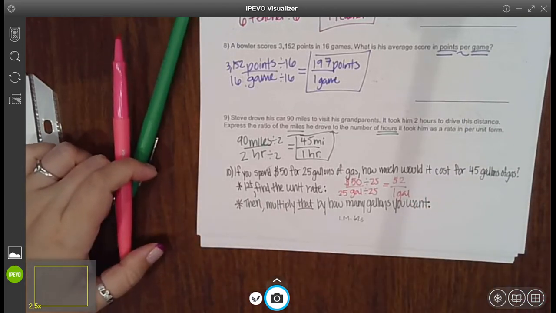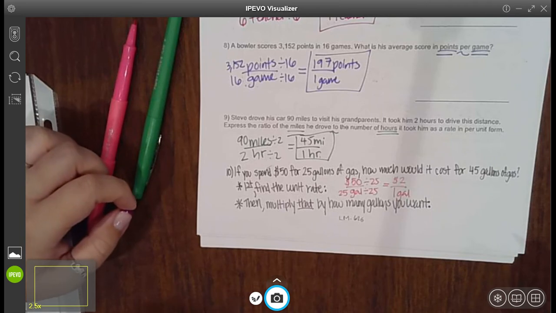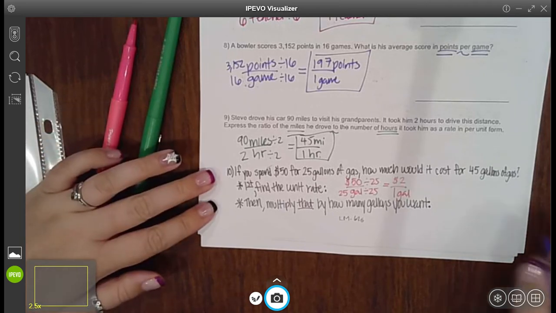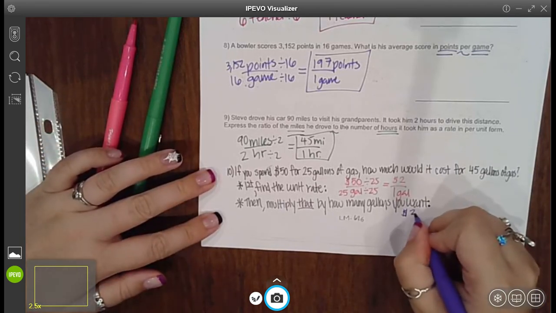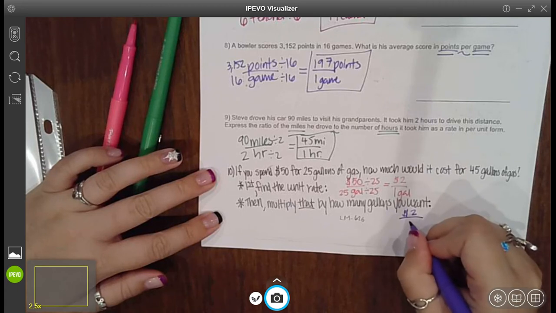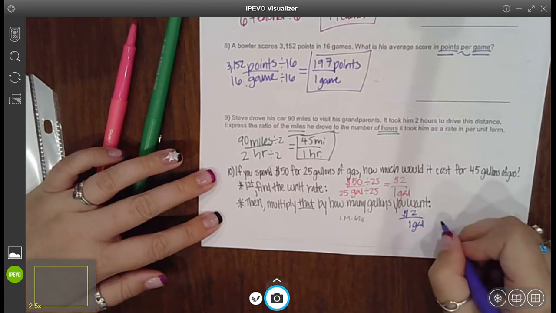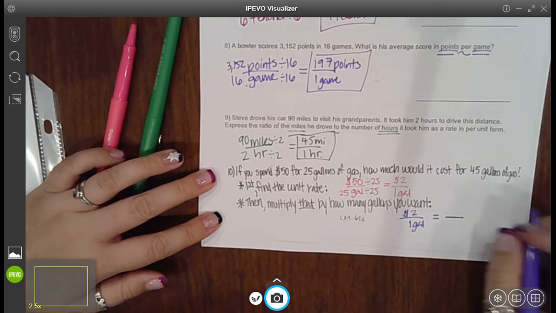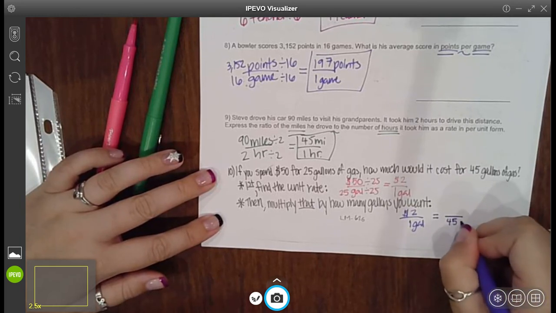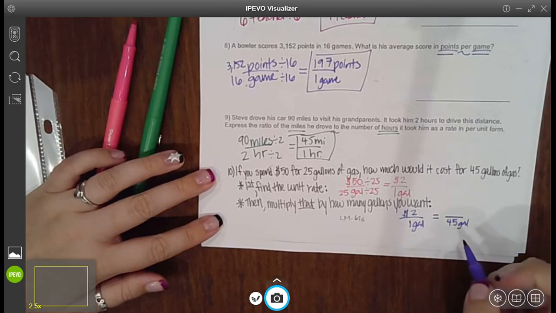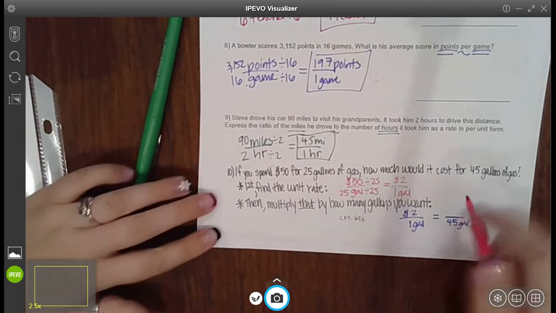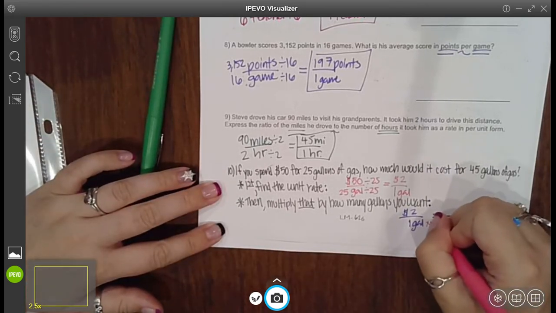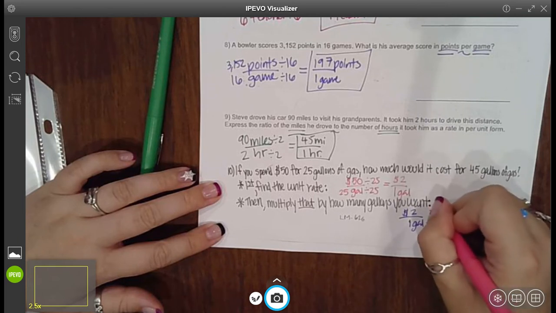Now that I found how much it costs for 1 gallon of gas, okay, so $2 for 1 gallon of gas, but I want to know how much does it cost for 45 gallons of gas. So all I would have to do is multiply by 45, right?